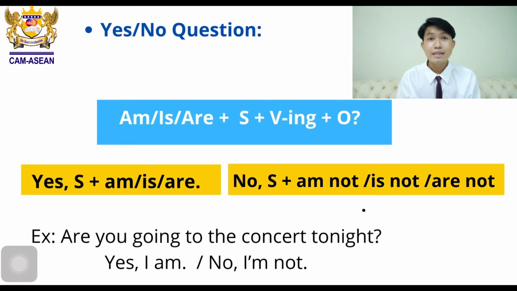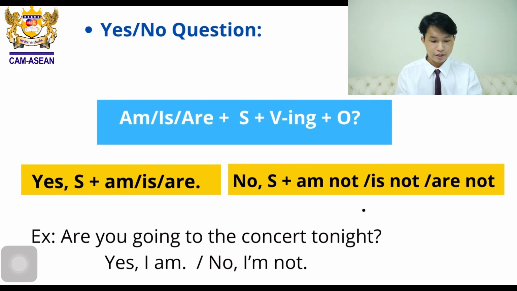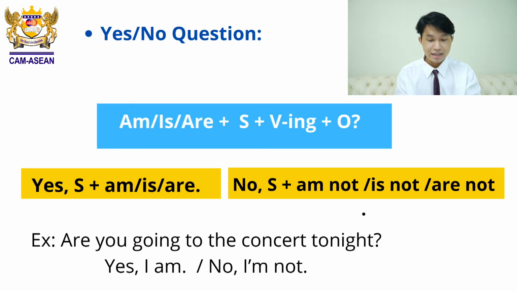Alright, so let's look at the example together. Are you going to the concert tonight? Alright, and the answer is either yes, yes I am. Either no, no I am not. Okay? It's very simple. So the question is either yes or no.